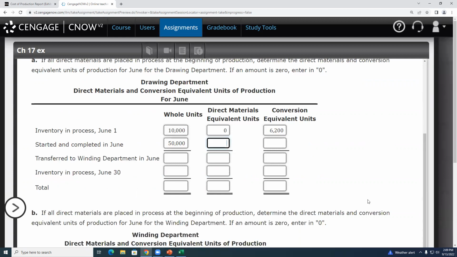So if we started and completed them in June, we did all the work in June. We incurred all of the cost in June. We added all of the direct materials, that's 50,000 units of direct materials. And we did all of the conversion work. We added all the conversion costs, all the direct labor and overhead, 50,000 units worth of conversion cost.